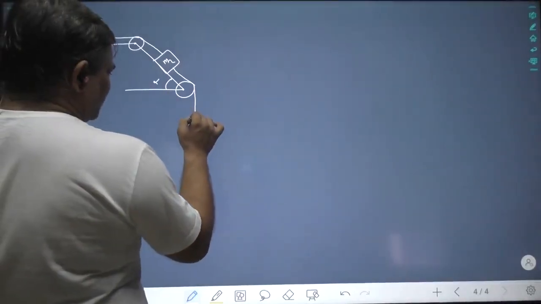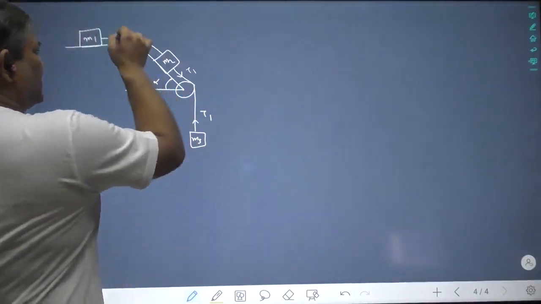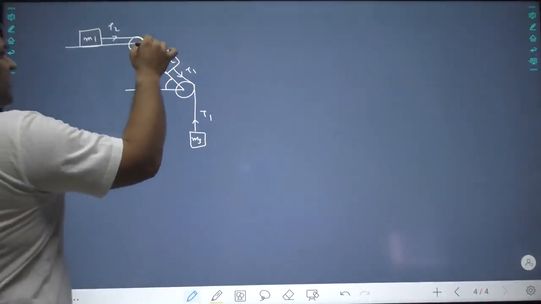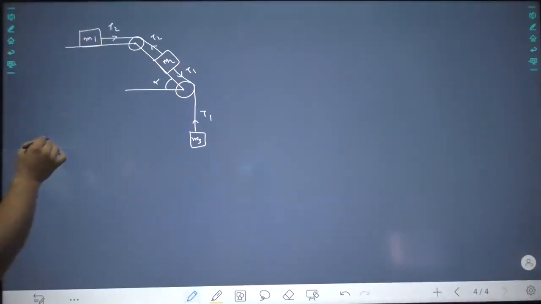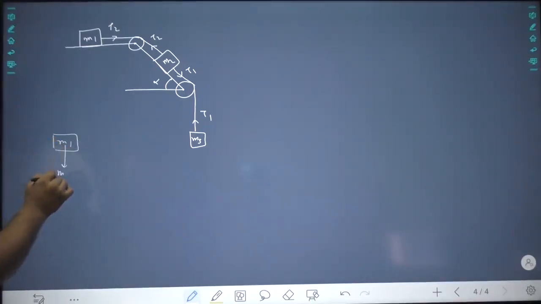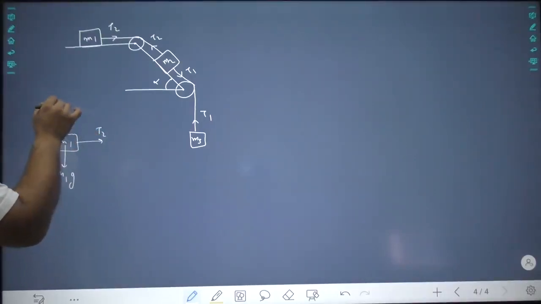Let the tension be T1. Let the tension in this string be T2, and so on. We'll break down. Let's begin with M1. With M1, if I write down, M1 is very simple. This is the mass, one force M1G, one force T2, and one force normal, and some acceleration.